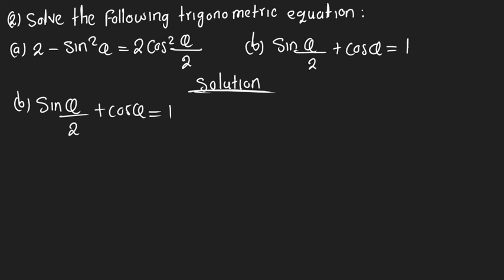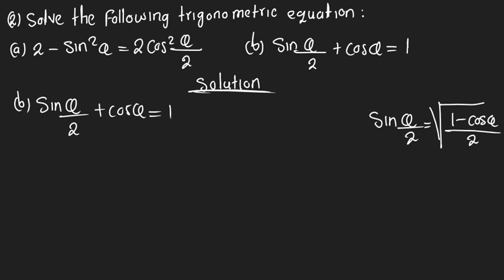Now, look at this. There is a half angle identity I want you to remember. When you have sine theta over 2, this is just the same as the square root of 1 minus cosine theta, over 2.